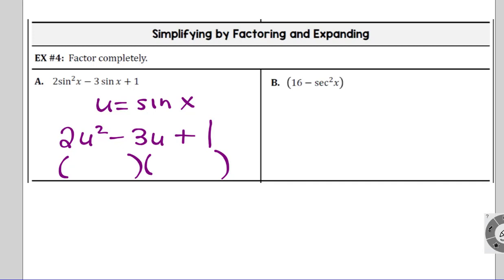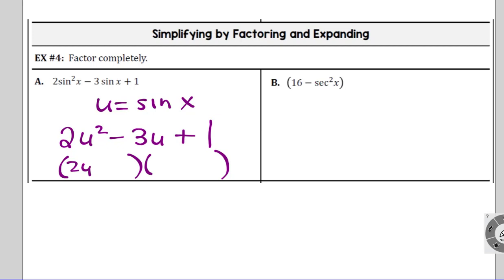Maybe you were thinking about grouping, which we could do, but we don't necessarily have to.